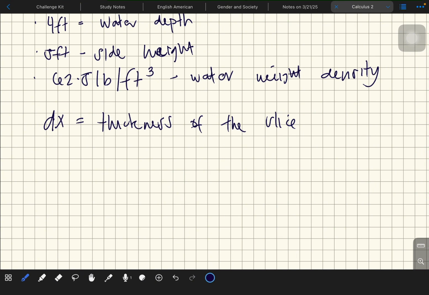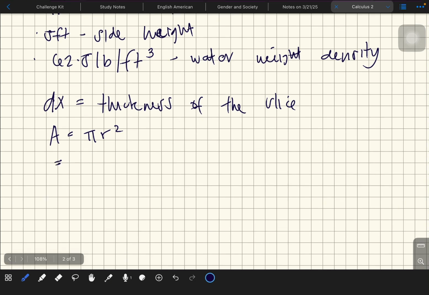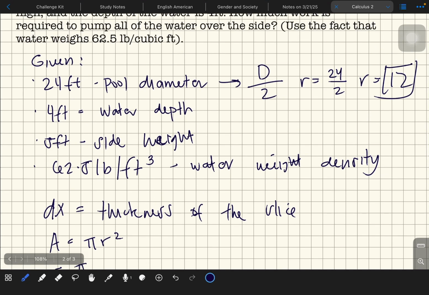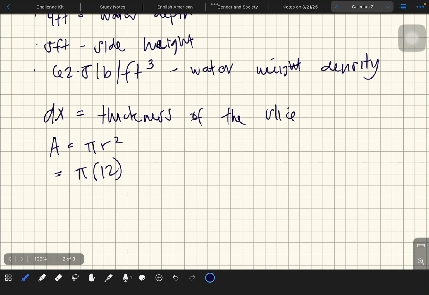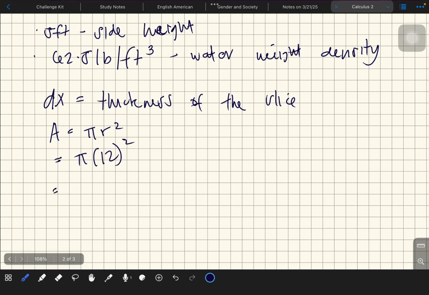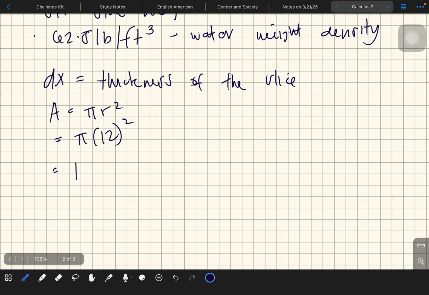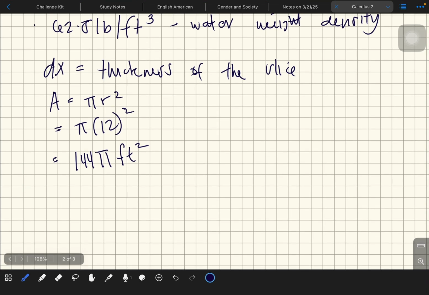So the area of the slice. What is the formula of area? Area is equal to pi r squared. So, let's solve. Area is equal to pi. What is our radius? Radius is 12. So 12 squared is equal to 144. So therefore, we have 144 pi feet squared.